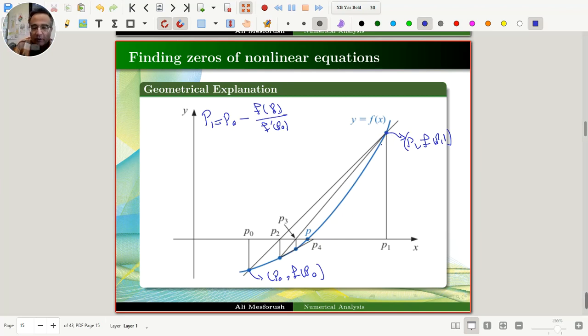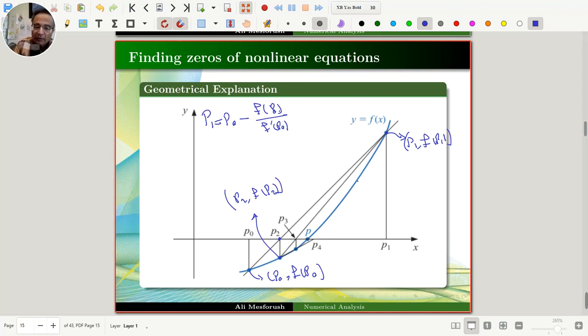The intersection of this line with the x-axis, we call it P2, and this is P2 and f of P2, and we continue exactly in the same way.